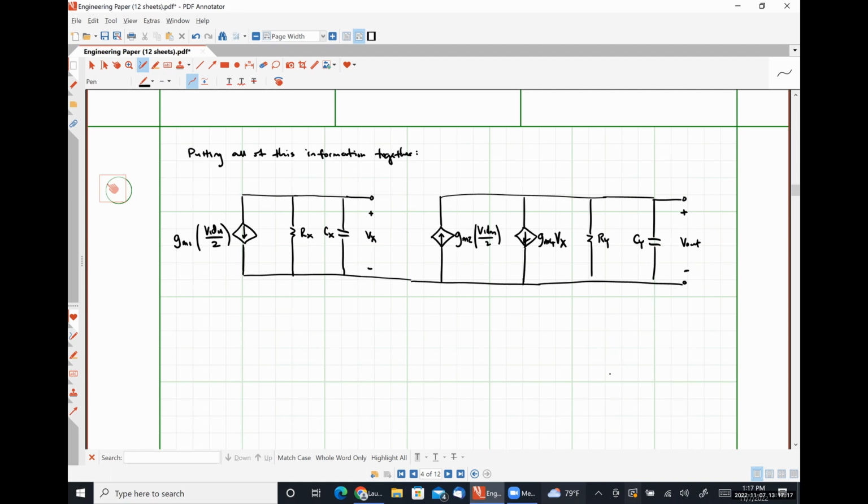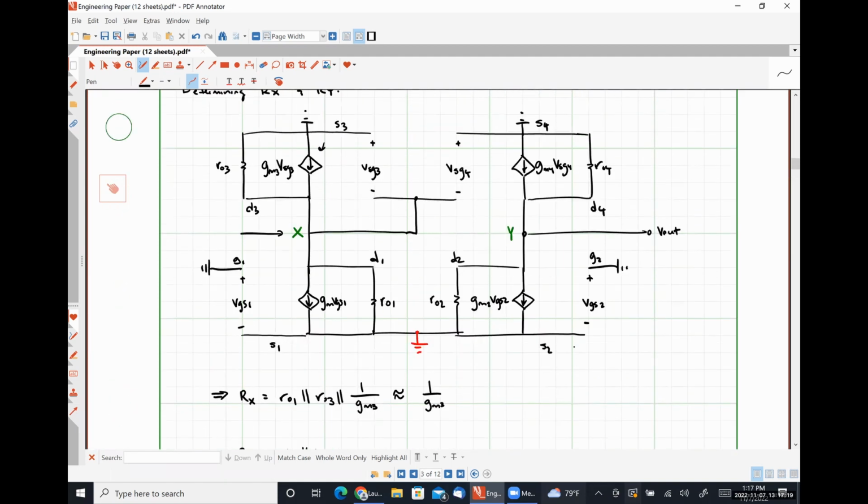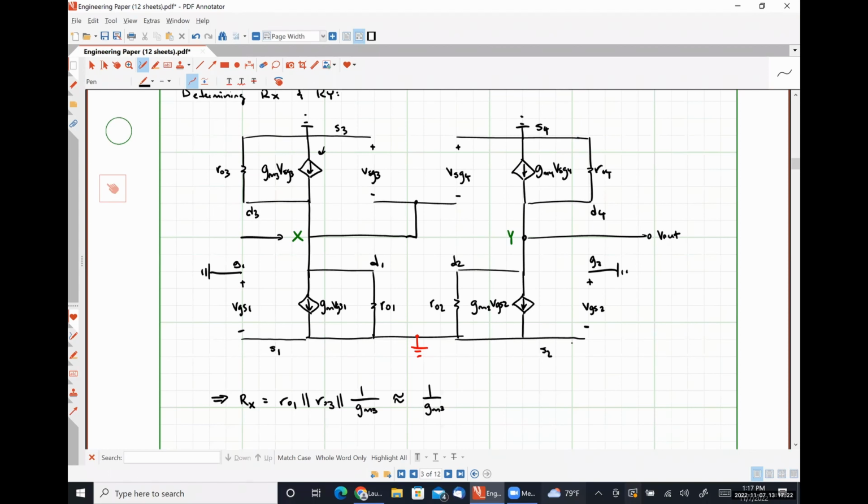Now I want to point out something really quickly here. I'm going to scroll up. The current source direction of GM2 VGS2 is directed down in this drawing. In the drawing that we just did, its direction has been reversed to accommodate the fact that we are applying a negative voltage there, negative VIDM over 2. To get rid of the negative sign, we change the direction on the current source.